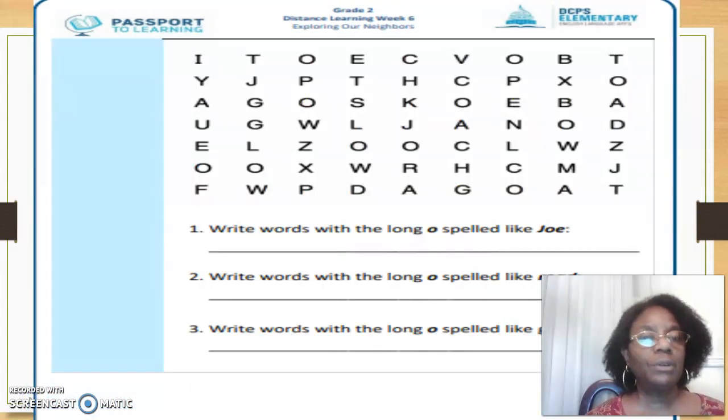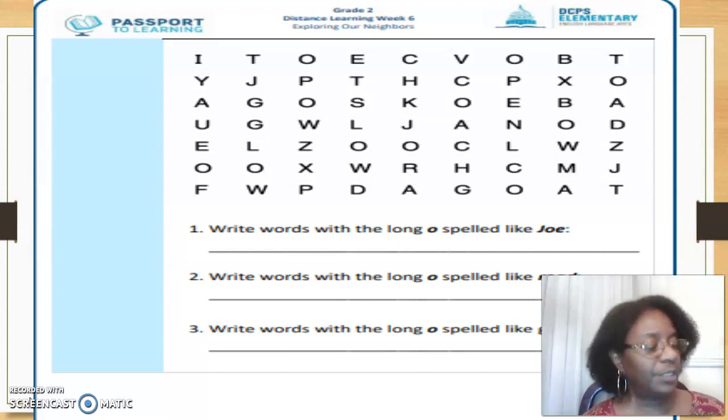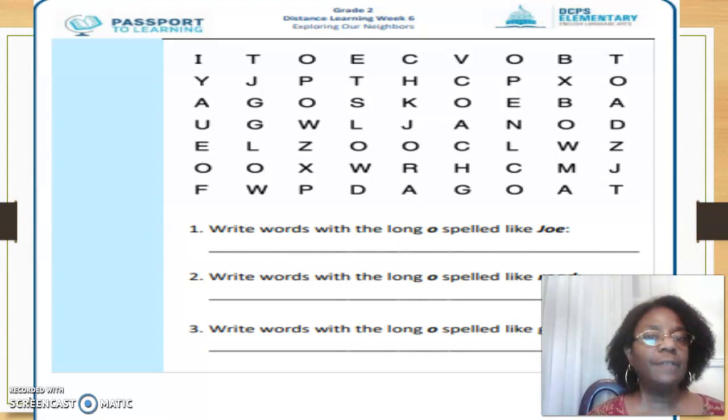Our word bank located on page 10 had the words that you're going to use on this word search. And those words, again, are coach, toad, slow, bow, glow, goat, toe, and foe.